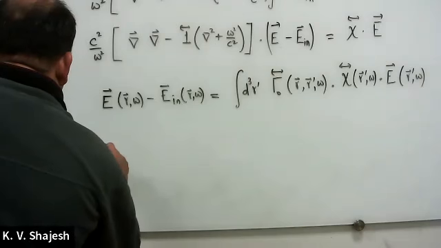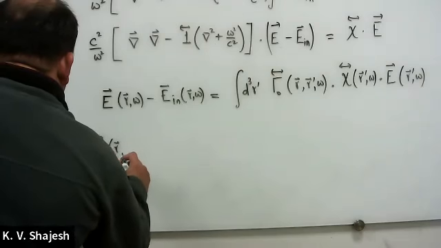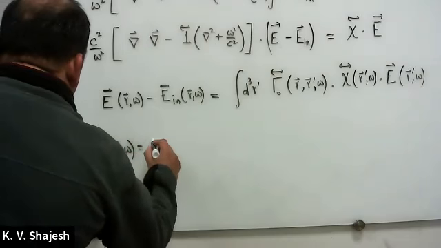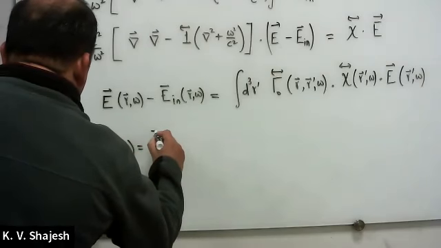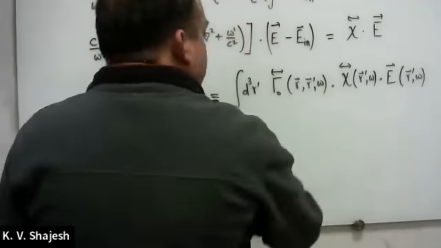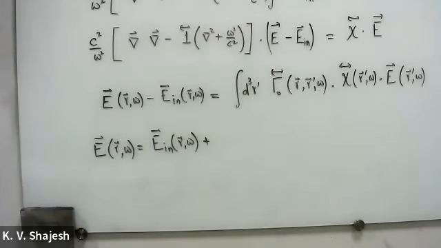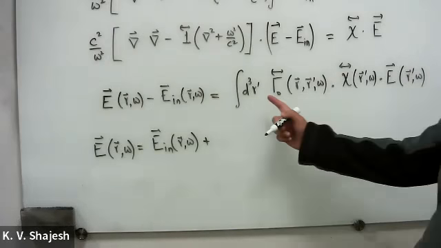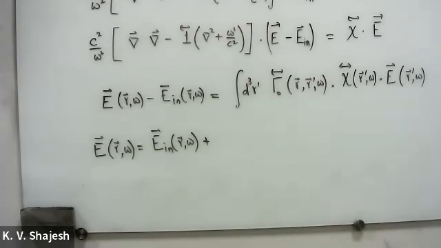So E of r, omega is equal to E incident plus, let me substitute this whole thing in here. Notice that all the R dependence can come out of the integral. The exponential is the only r prime dependence in that far field approximation.